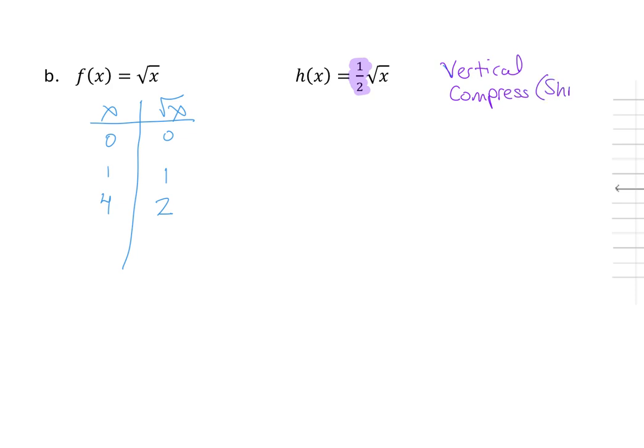And again, the book uses the word shrink. And we are going to compress or shrink. For me, I like to say by 2, but the book usually says by 1/2. The only reason I say by 2 is because I'm indicating that I'm multiplying by a fraction by using the word compressing.